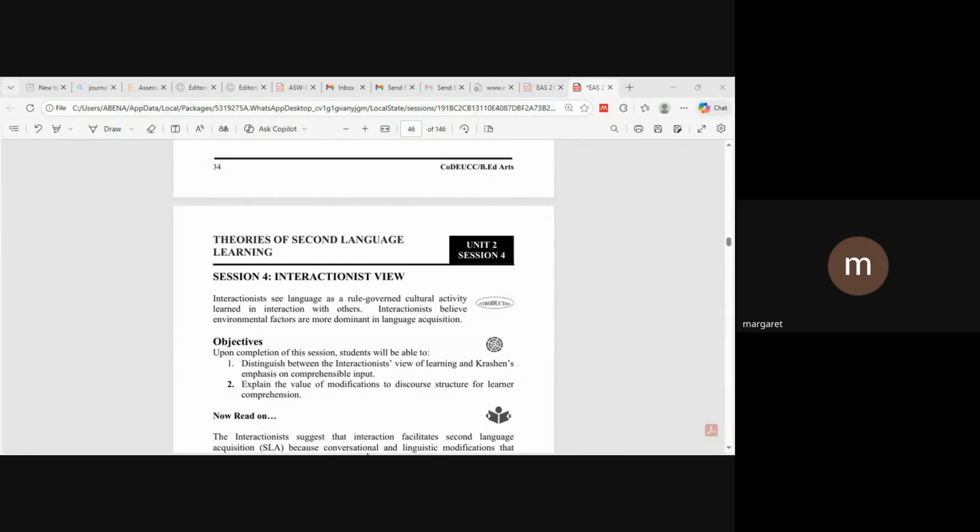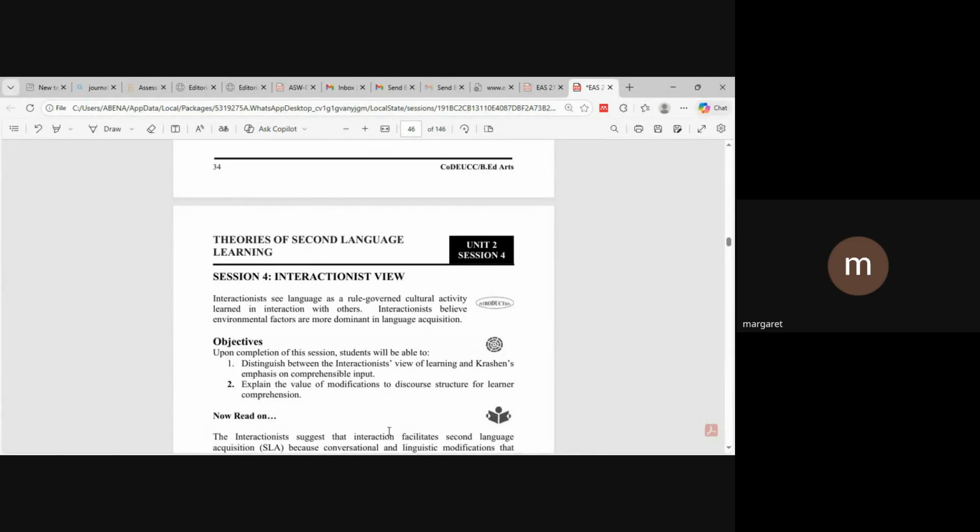Between the interactionist view. With this one, I would like that we finish treating the interactionist theory, then we'll come back to it and answer it ourselves. All right, that would be good. Okay, so let's go to the interactionist theory.